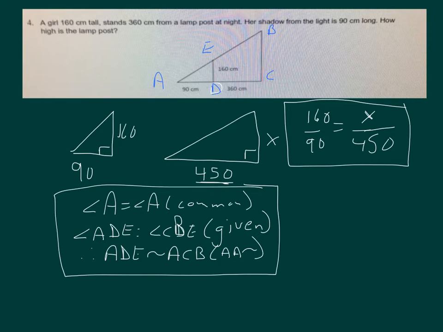So I'm just going to flip over to another screen and talk to you about the second question that you had. So hang on one sec. Okay. So the second question you had was about the property of the areas of the triangles compared to the ratio of the sides.